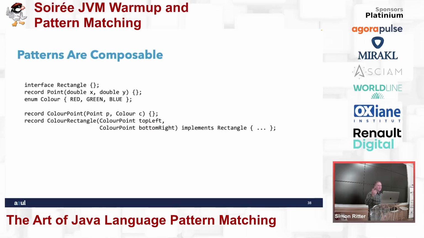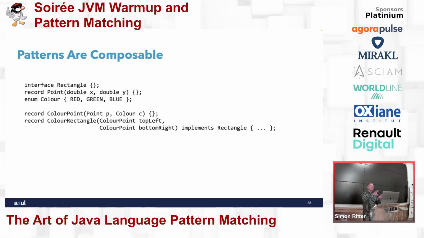Now, the bit that I was going to then talk about is that you can compose patterns. Essentially, if I have a case where I've got Point with x and y, I could extend that and create another record called ColorPoint, which has a Point and a Color as the things that I store in it. Then you can put that into your pattern predicate and say case ColorPoint, Point p, Color c.